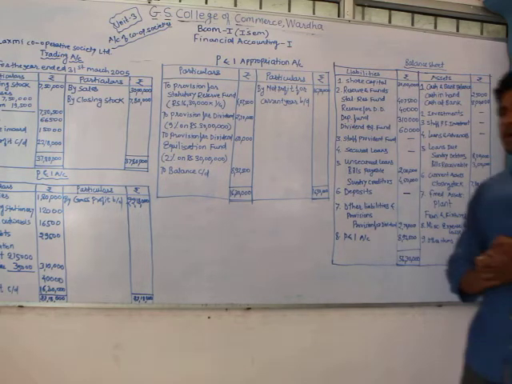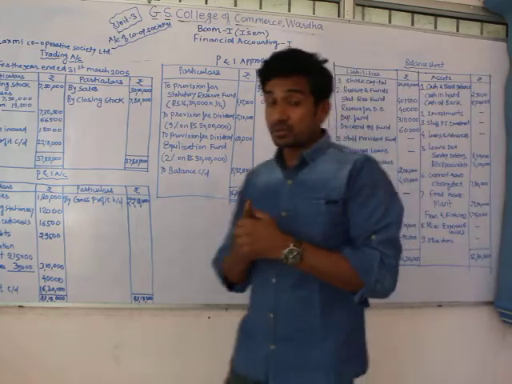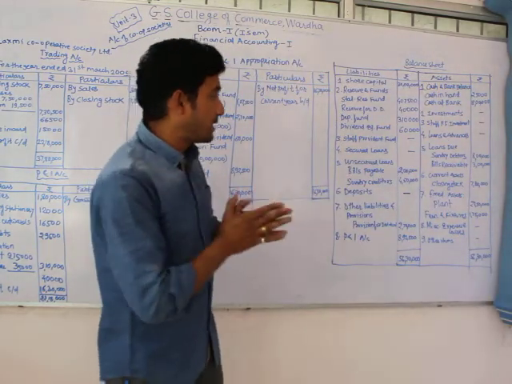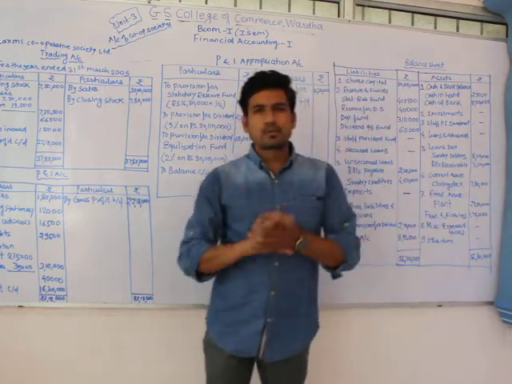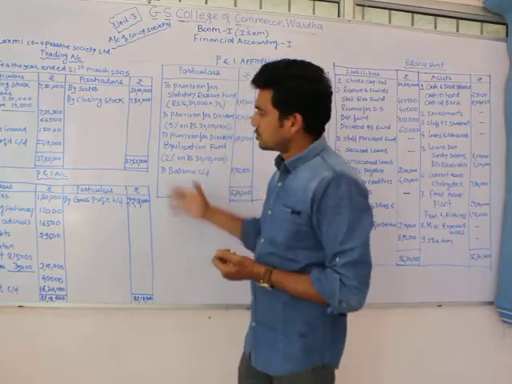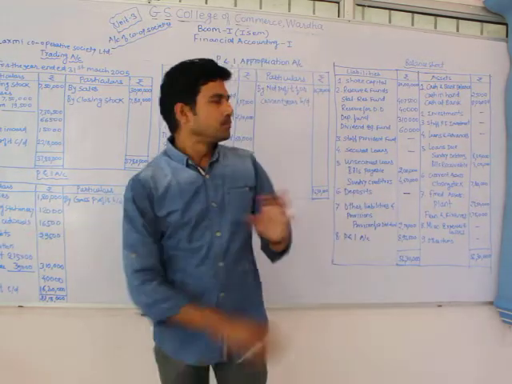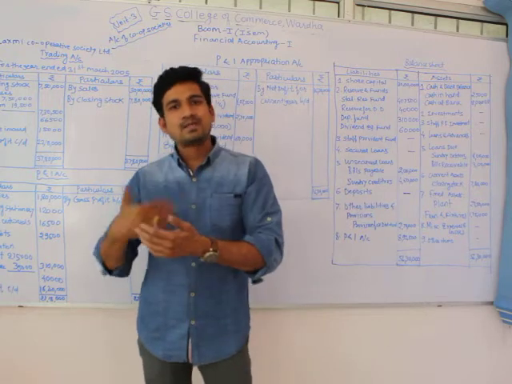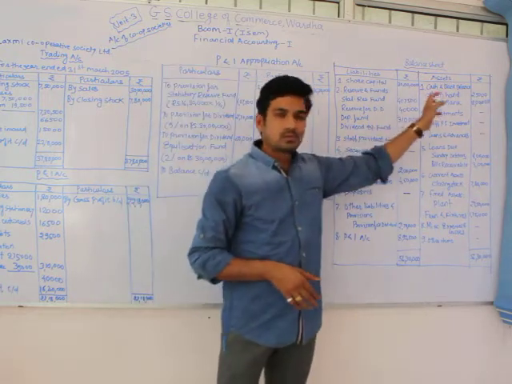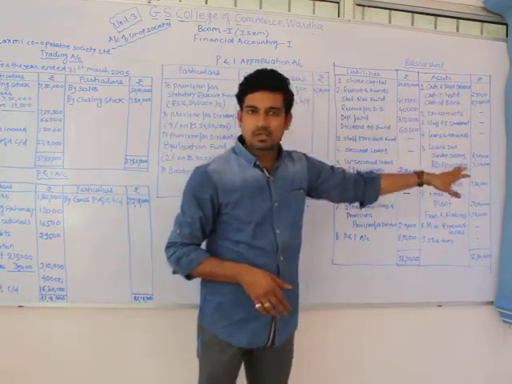The one thing you should notice here, or should keep in mind, is what we generally do in general problems: the depreciation effect goes to the profit and loss account, the first effect, and the second effect is that we deduct depreciation from those assets on the asset side of a balance sheet.